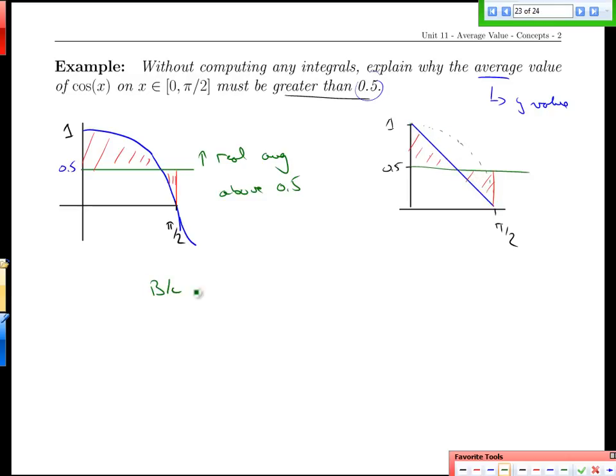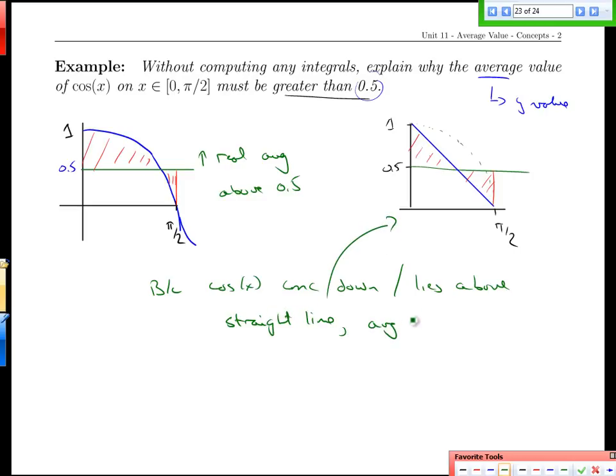So because cos of x is concave down, or lies above the straight line, its average will be higher than 0.5, which would be the average of the endpoints of this interval.